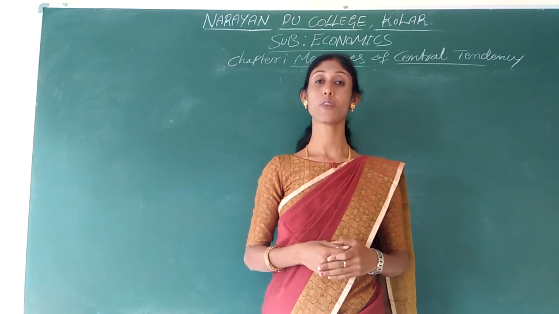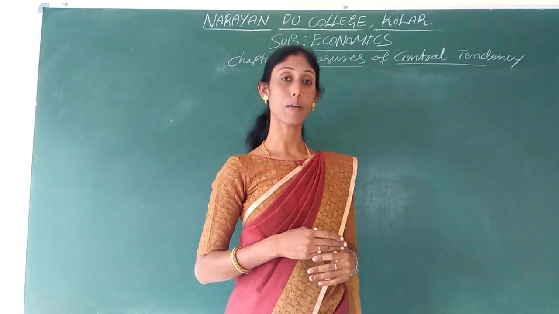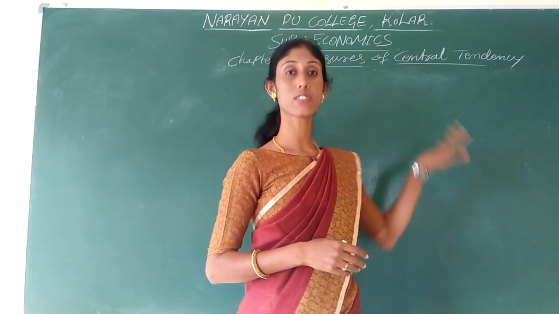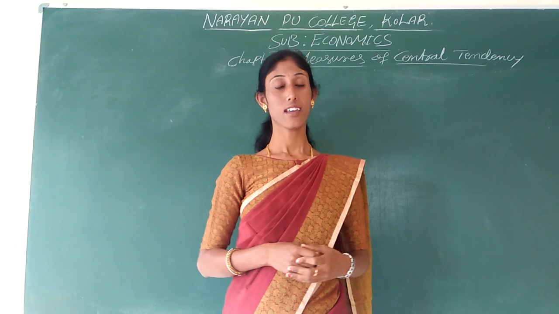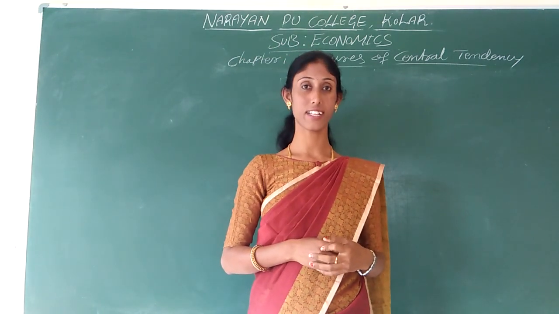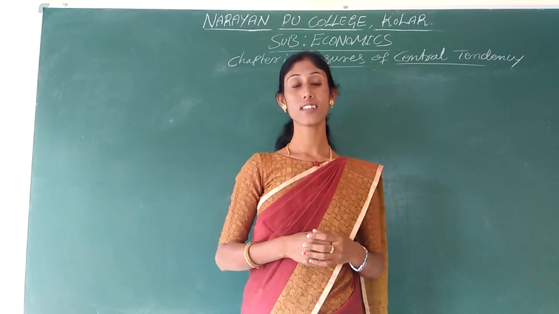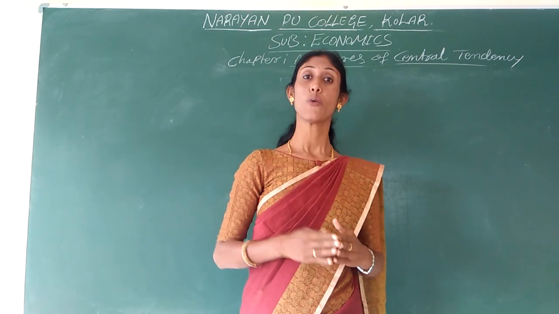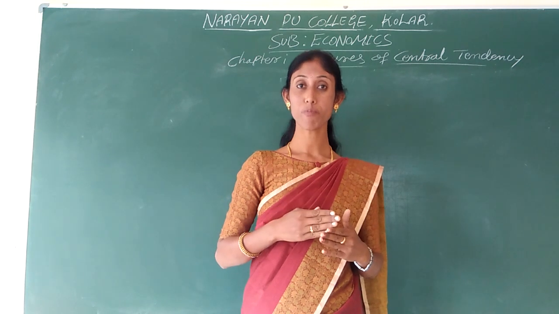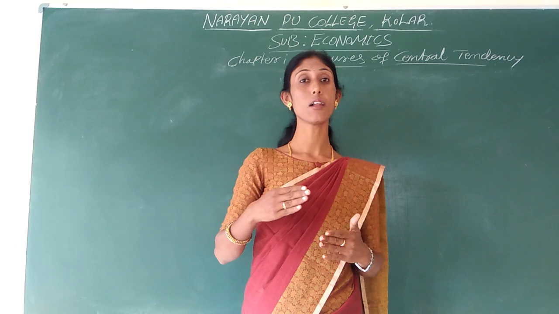In this session, we are going to continue the remaining topics of Chapter 5, that is measures of central tendency. In the previous class, we started the discussion of quartiles. I hope all of you understood that a quartile is a measure which divides the values into four equal parts.